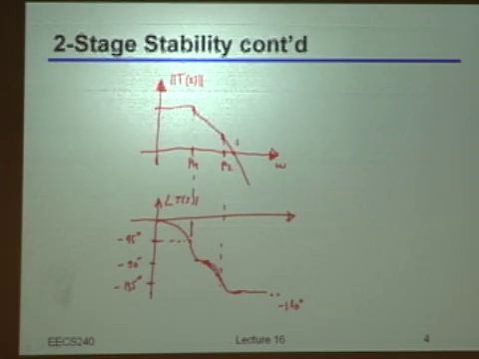So now let's assume that I actually want to recover the phase margin that I was missing in the previous slide. What should I do if I would like 45 degrees phase margin in this configuration? If I'm assuming that this is the magnitude of the loop gain, what condition should hold there?